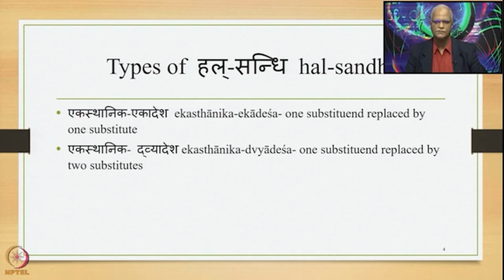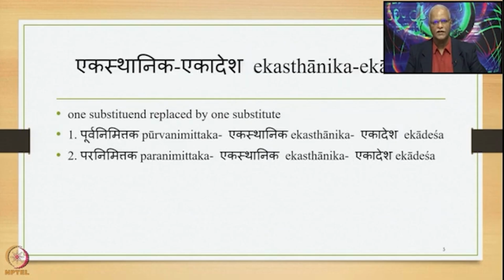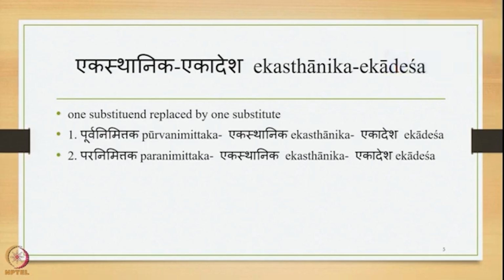Ekasthanika Ekadesha refers to the phenomenon where one substituent is replaced by one substitute, Eka Sthani, Eka Adesha. And Ekasthanika Dvyadesha refers to that phenomenon where one substituent is replaced by two substitutes, Ekasthani Dvi Adesha. Currently we are studying Ekasthanika Ekadesha.